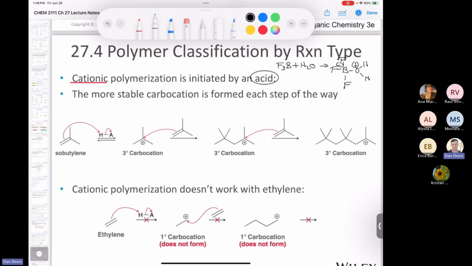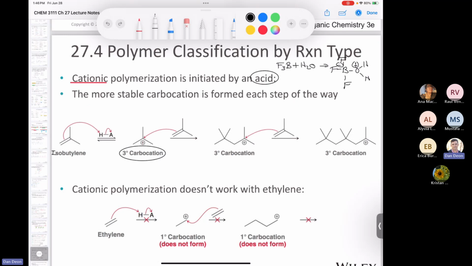Now, in terms of monomers that will work well in cationic polymerization, you can imagine that isobutylene is going to work really, really well. Why? Because you end up with a tertiary carbocation after your first proton transfer. And so this carbocation is really stable, and something like isobutylene is very prone to cationic polymerization.